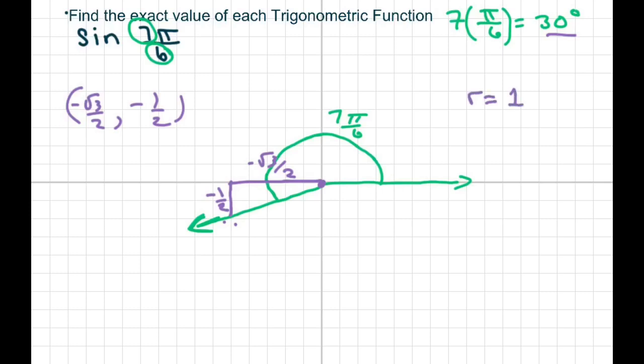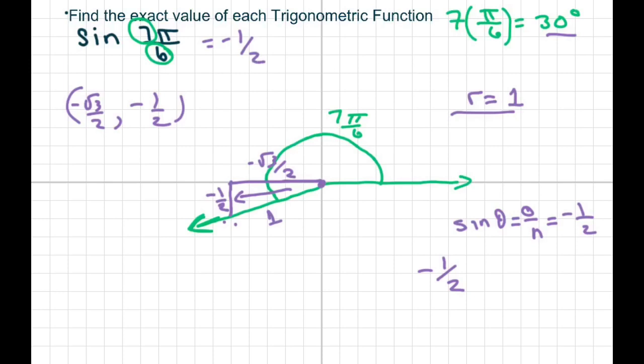So this is from the unit circle. So sine is your y. Sine of this angle, you could do it either way: opposite over hypotenuse. Opposite would be -1/2. Hypotenuse is 1 because the radius is 1. So our answer is -1/2.